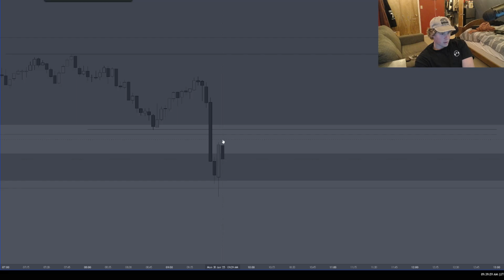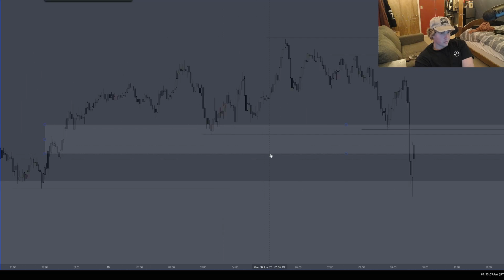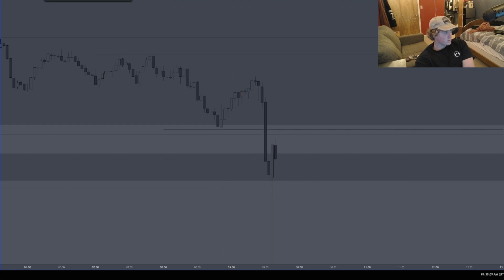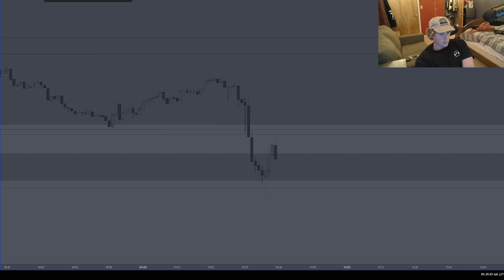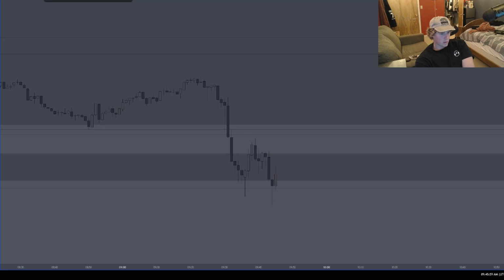If we dip lower, we could have this as our break even. One more sweep. I like this 1 minute as this is our break even right here.